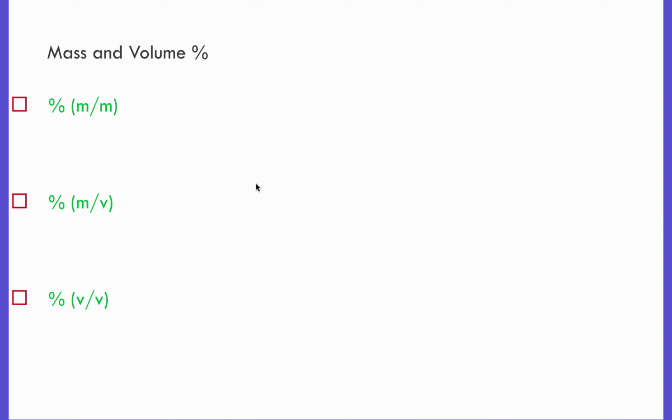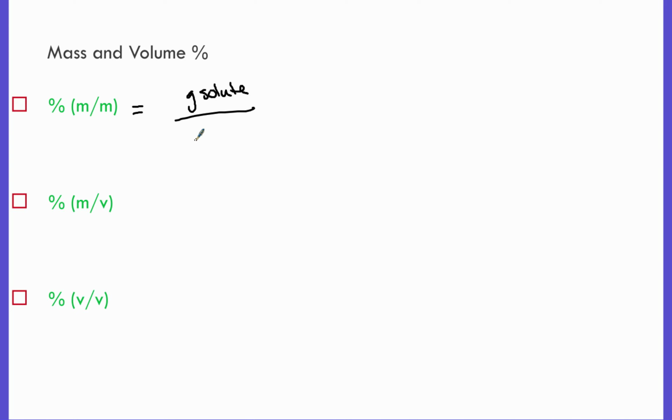That means that I'm going to dissolve a solid solute in a solid solvent, right? So I'm going to have a mass of some solute that I'm going to dissolve in another solid.